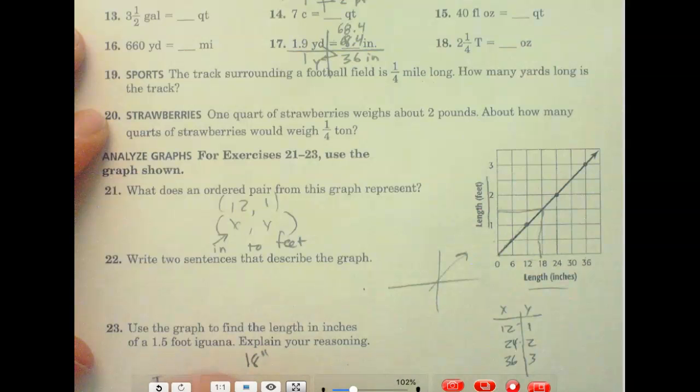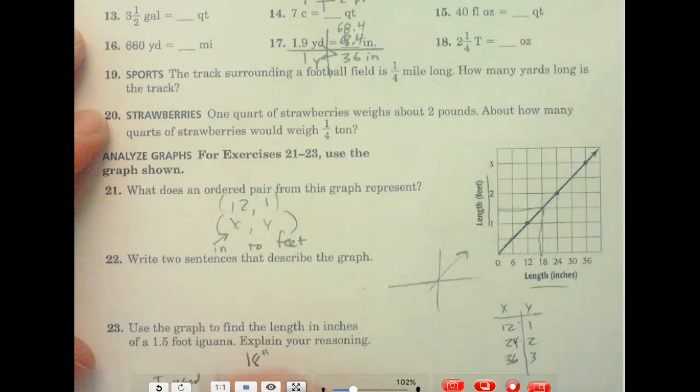I use the graph to find 1.5 feet. The graph is proportional.